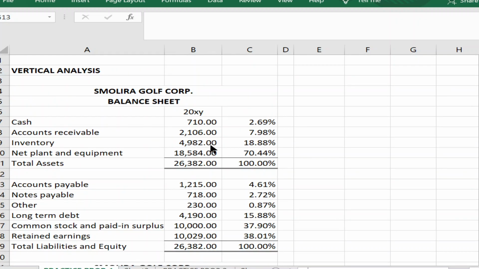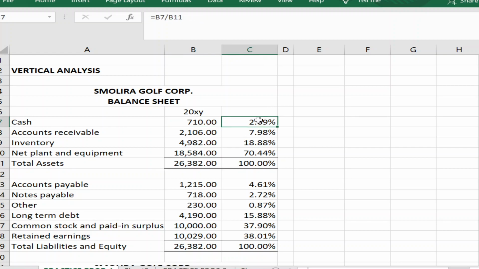So how do we get the vertical analysis? Each of the accounts here will be divided by our base, which is total assets. So to get this one, here is our formula: that would be B7, which is this amount, divided by total assets.